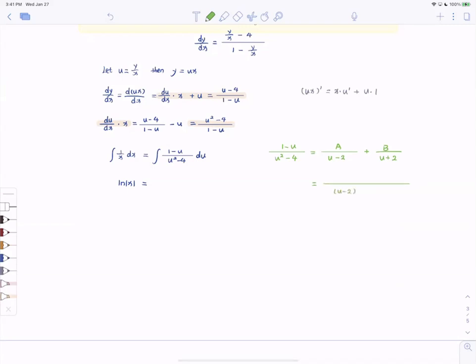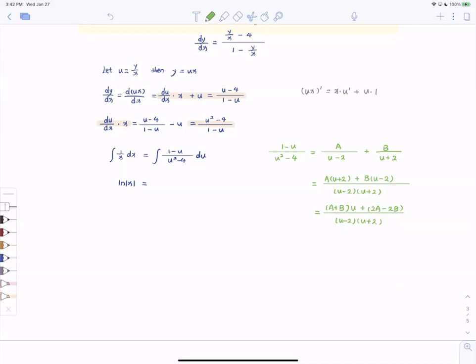a times u plus 2 plus b times u minus 2 over u minus 2 times u plus 2. So this will give you a plus b times u plus 2a minus 2b over u minus 2 times u plus 2.